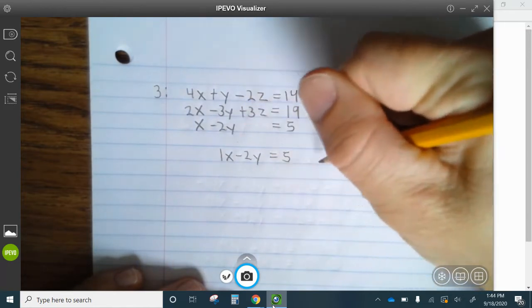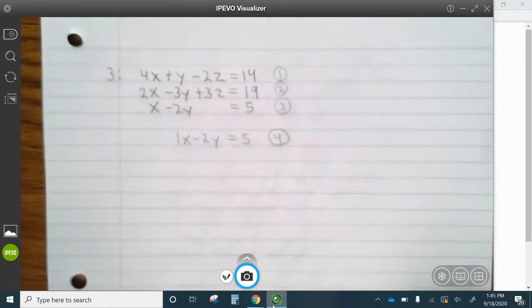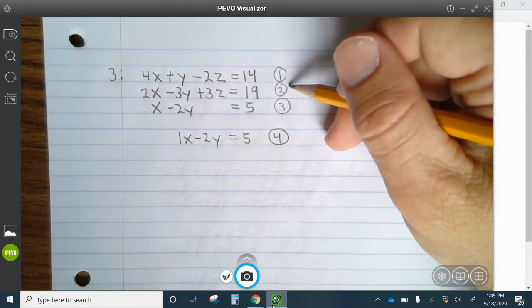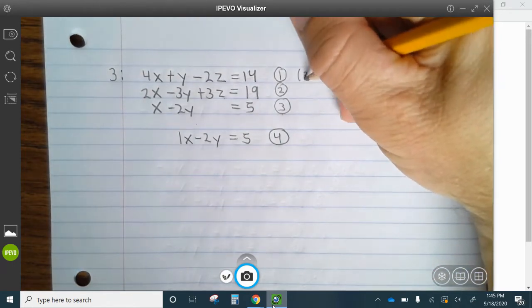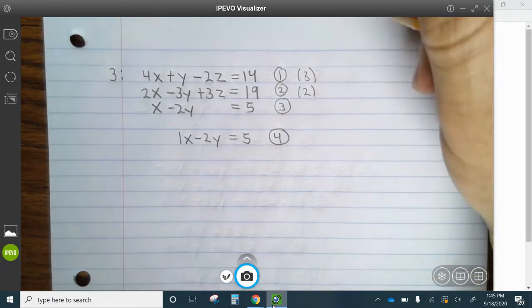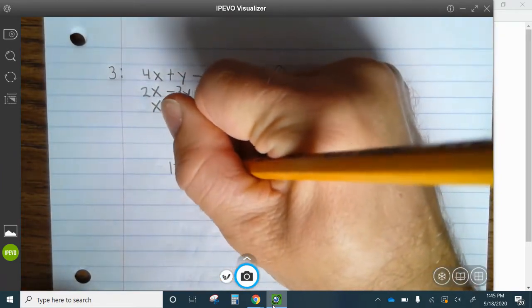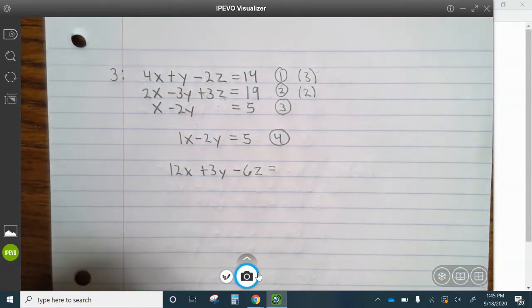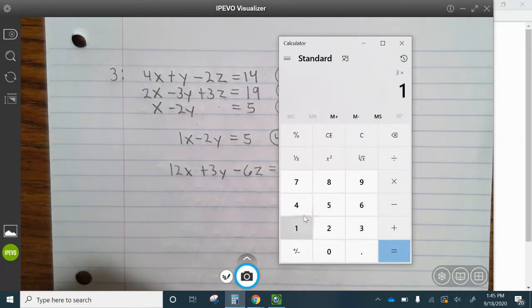Now let's combine equation 1 and 2 and eliminate z. So we'll have equation 5. If we multiply equation 1 by 3 and equation 2 by 2, these z's will cancel. So 3 times that is 12x plus 3y minus 6z equals 3 times 14, which is 42. That's equation 1 times 3.